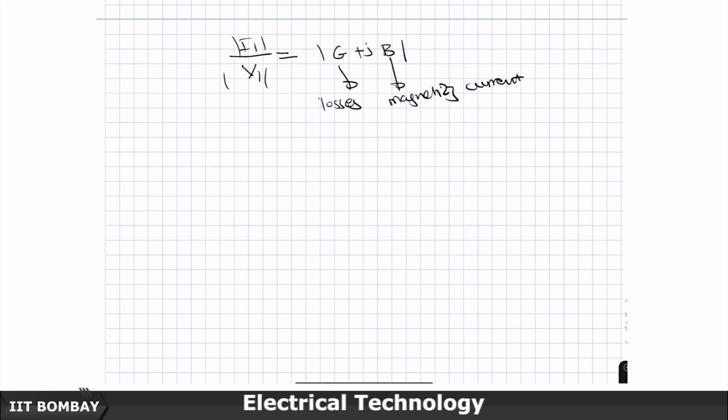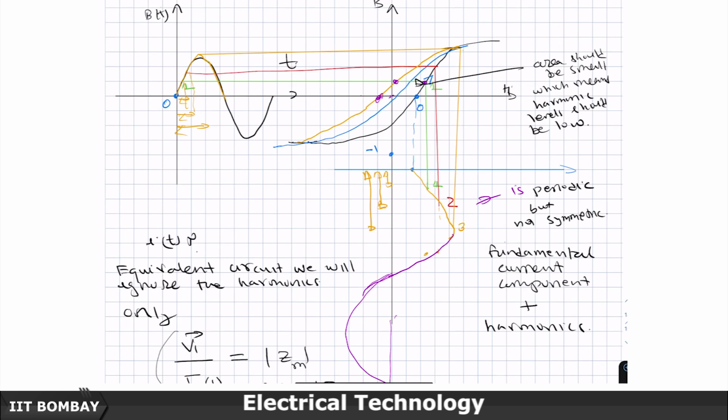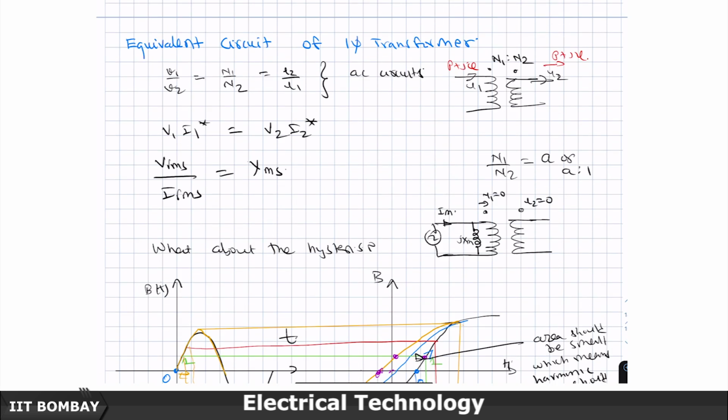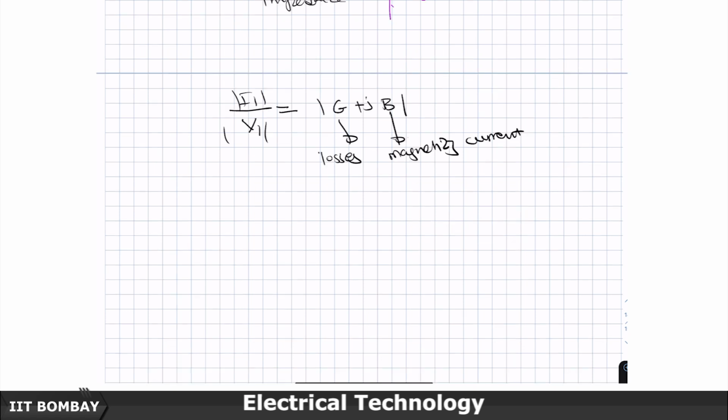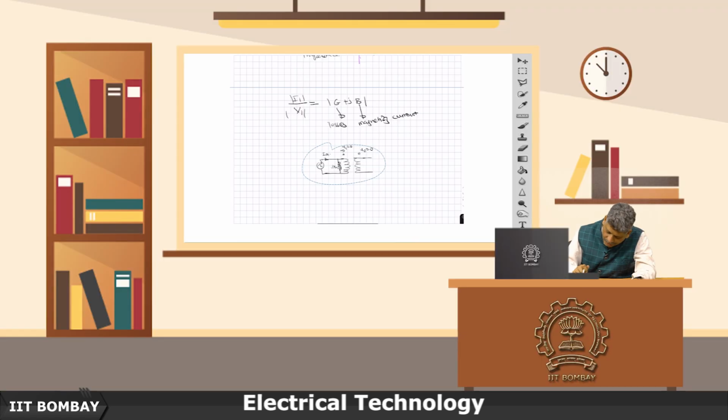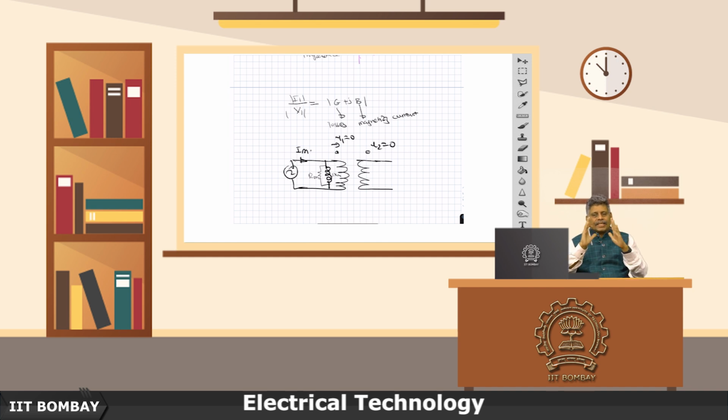So, the reason I am writing it in this particular way is that I do not intend to write the Rm and jXm in series, I wish to write them in parallel.